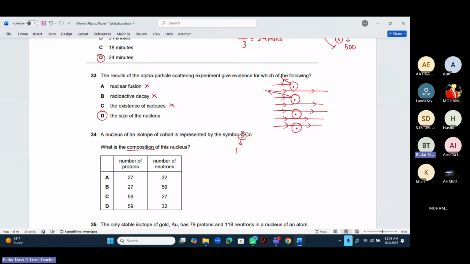So number of protons है 27 और number of neutrons निकालने के लिए mass number minus proton number. So neutrons हमारे पास आ जाएंगे 59 minus 27. 5 minus 2 is 3. 9 minus 7 is 2. So protons are 27 and neutrons 32. So the correct option is A.